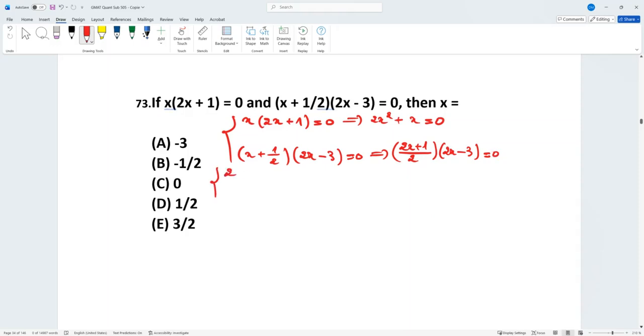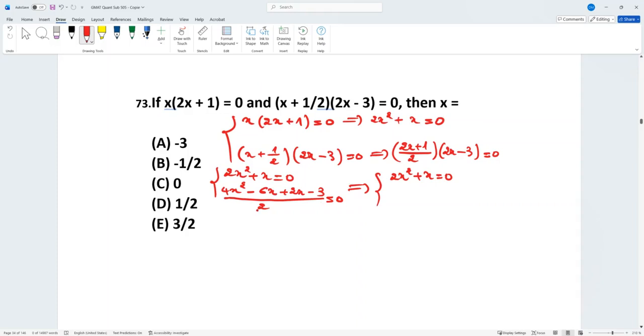Then if we come again here, we are going to have 4x, if we develop this, 4x squared minus 6x plus 2x minus 3 over 2, which is equal to 0, and 2x squared plus x equals 0, like this.